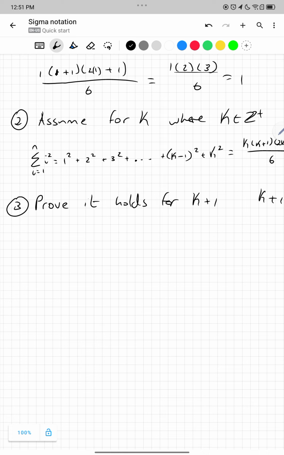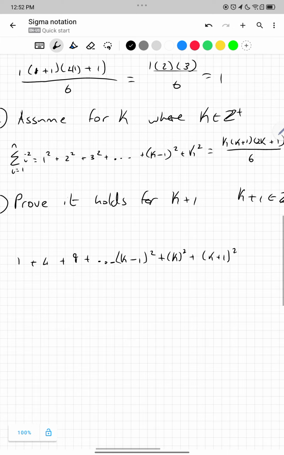So we're going to have 1 squared plus 2 squared plus 3 squared, let's just say 1 plus 4 plus 9, plus (k minus 1) all squared plus k all squared plus (k plus 1) all squared, right?